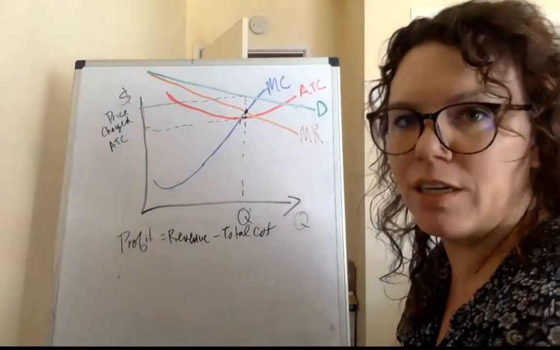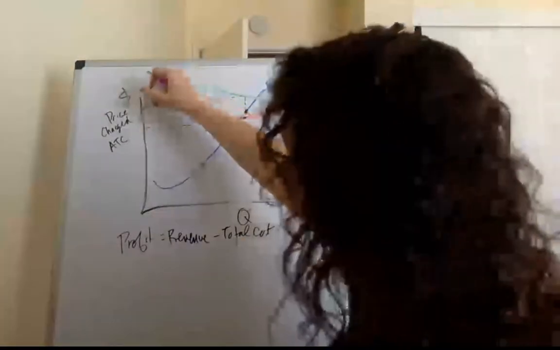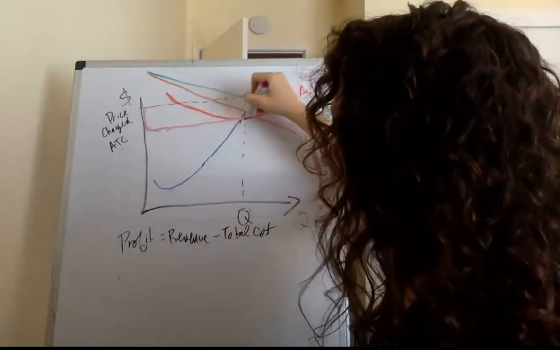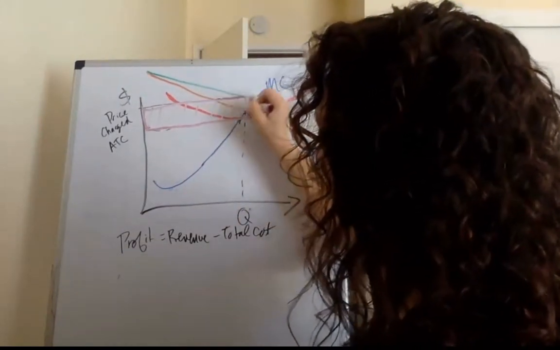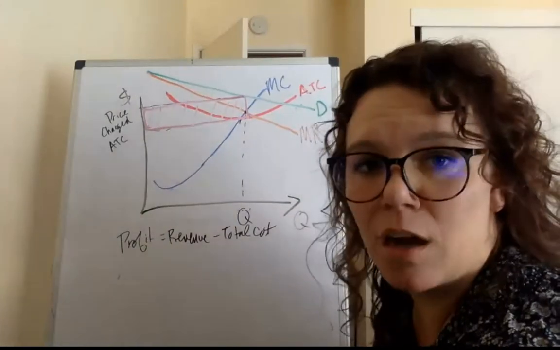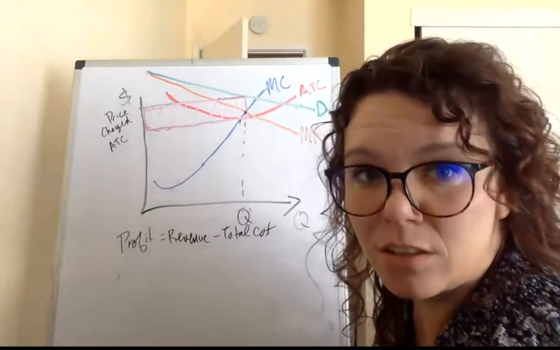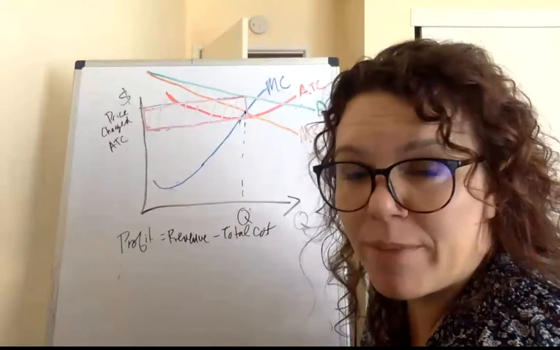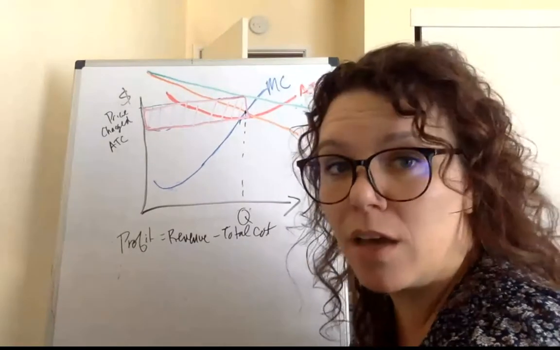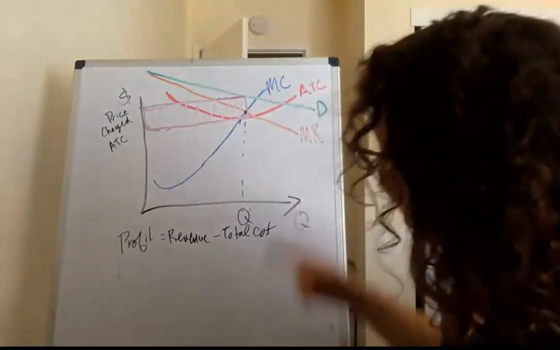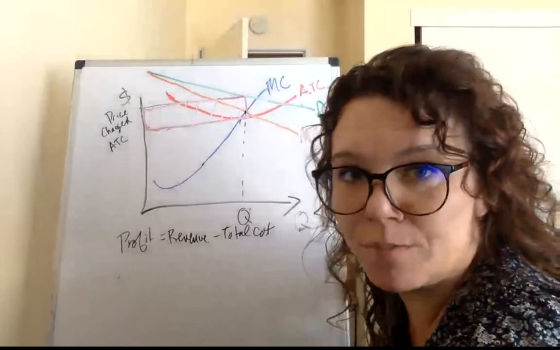So I'm going to be earning economic profit associated with this rectangle here. If this was perfect competition, firms would enter and lower the prices and compete with me. But it's not. There's some kind of barrier to entry that stops other firms from competing with me, and that's why monopolists are allowed to produce.